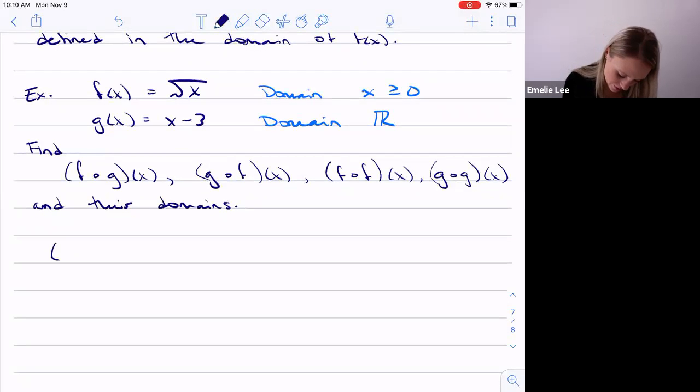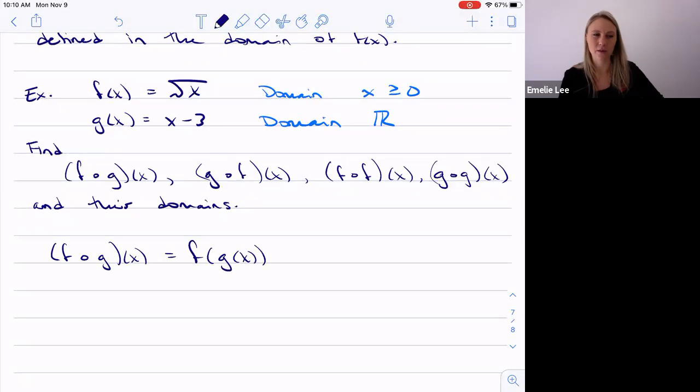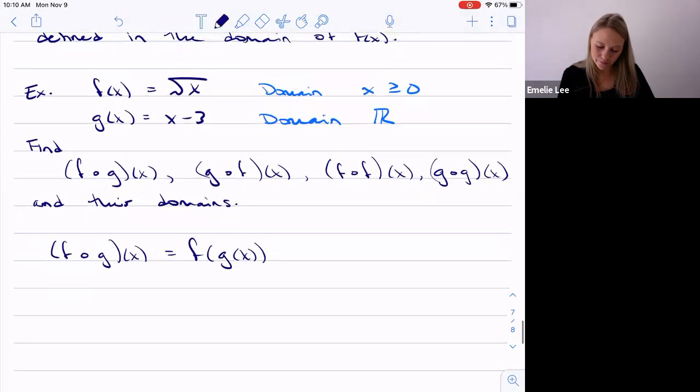So we'll start with the first one, f composed with g of x. I usually just rewrite it right away, f of g of x. What I like to do, and you can replace g of x with x minus 3 and then plug in x minus 3 into the root. I actually like to work the other way, but it doesn't matter. As long as you end up at the same place that I do, then you did it right.